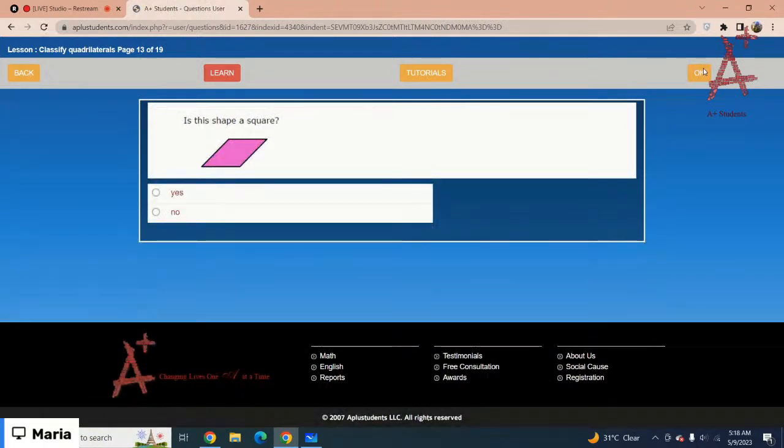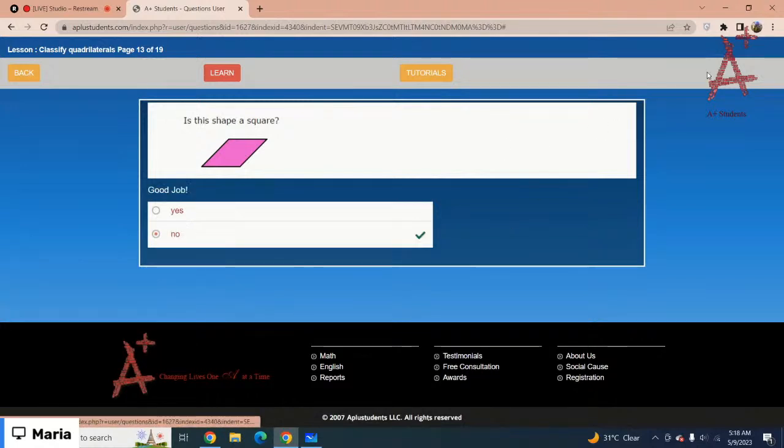Is this shape a square? No, it wouldn't be a square.